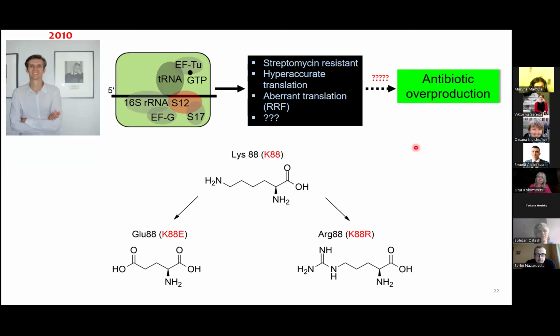So we have this lysine residue in position 88, and I can make a mutant which would carry either a glutamate residue instead of lysine in that position, or an arginine residue instead of lysine. So a very simple system. The idea is, if we reduce the complexity of the problem to the well-studied strain, to a single event, we will probably understand more.